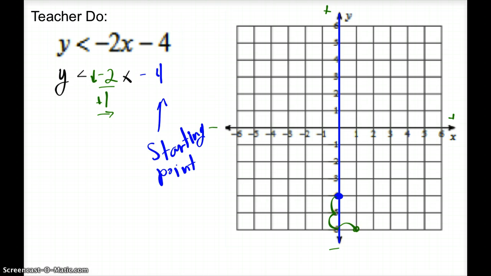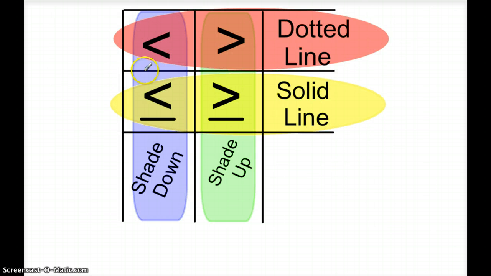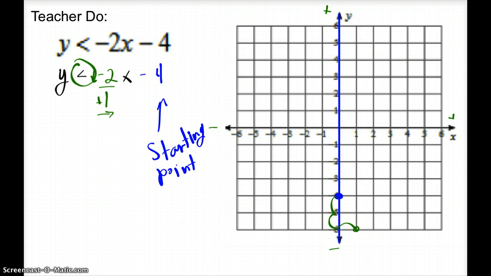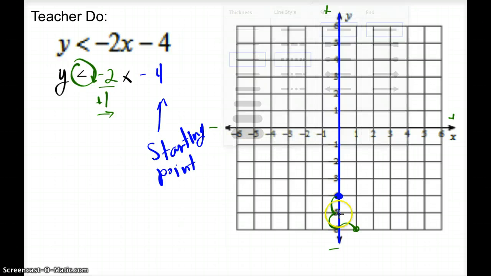Now remember, this sign right here says less than. So let me go back a little bit. The less than sign, this one, means I have a dotted line and I shade down. So here I'm going to make sure that my line is dotted. So I have a dotted line, and I'm going to shade down on this line.